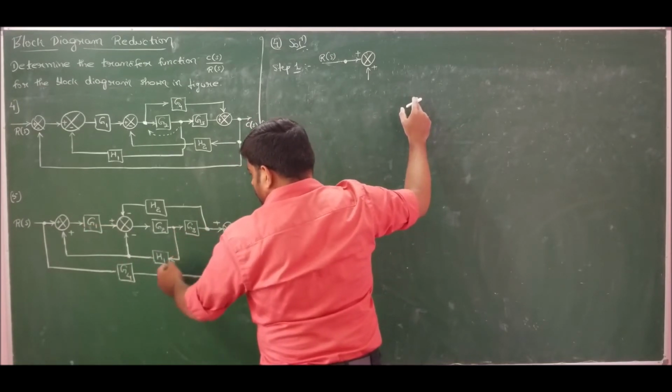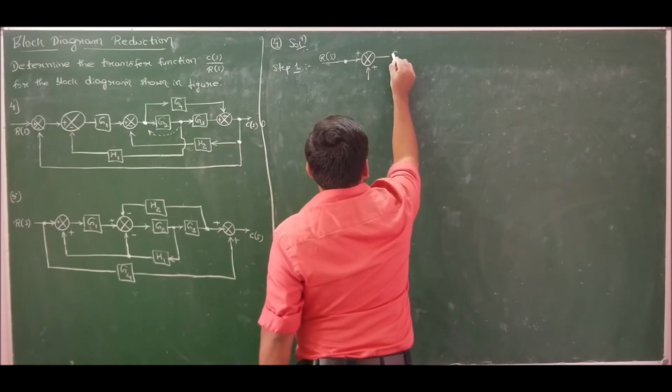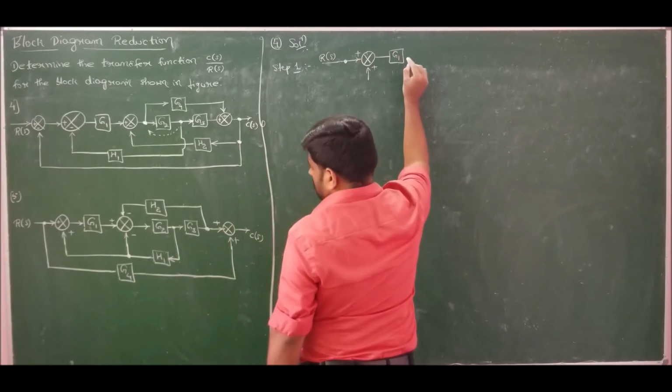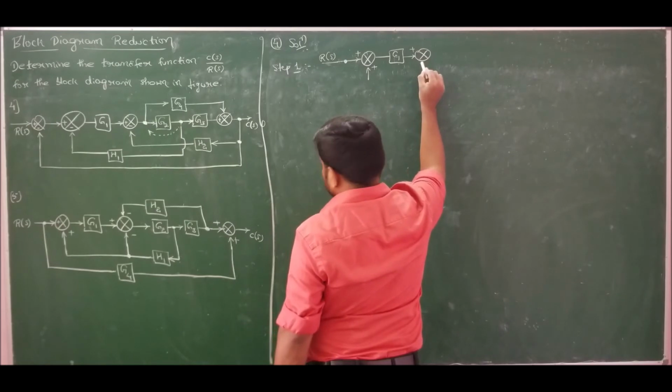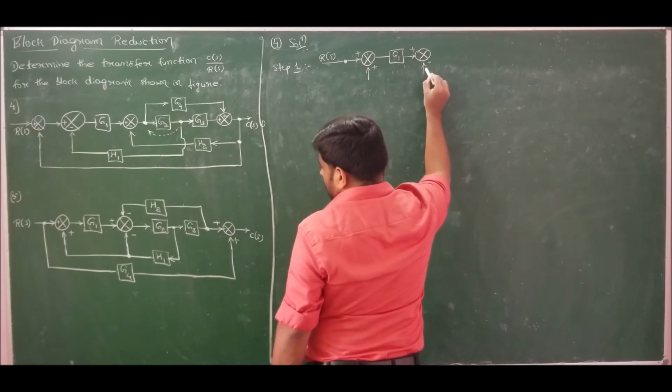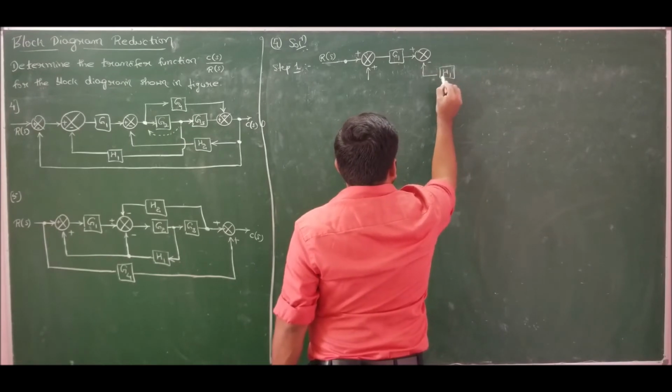So therefore we write it separately. We will get G1, then we have summing point with plus and minus. Let's write it H1 separately, H1.